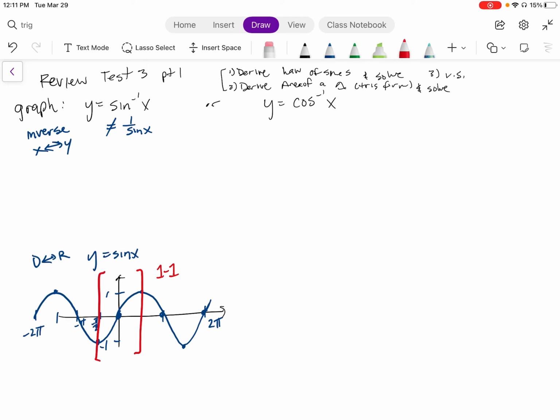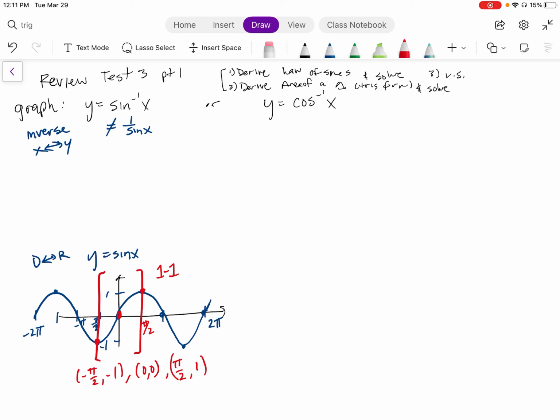There are infinitely many points there, but in this section from x negative 1 to 1, really three key points will do the trick. I have negative pi over 2, negative 1, I have 0, 0, and I have pi over 2, 1.